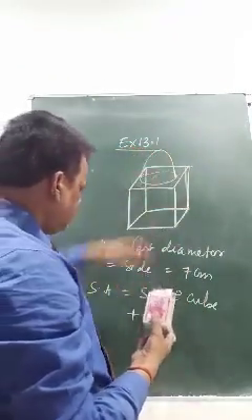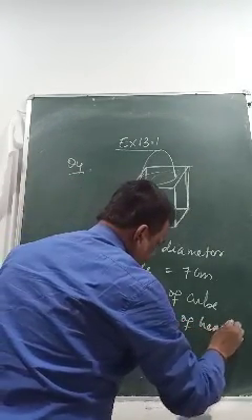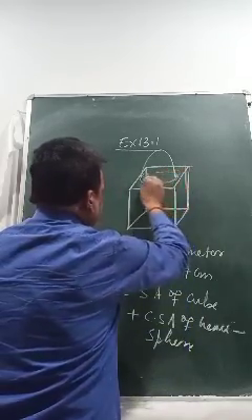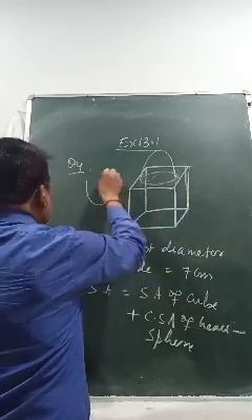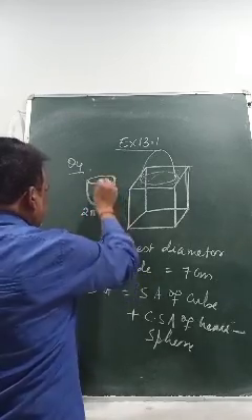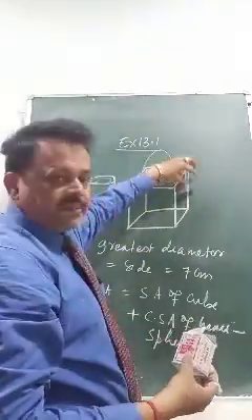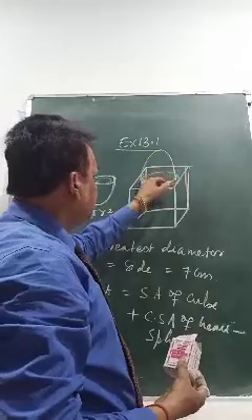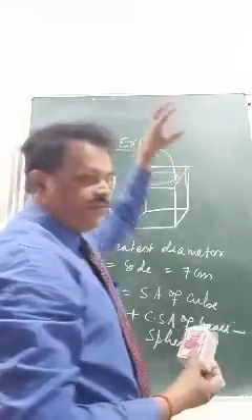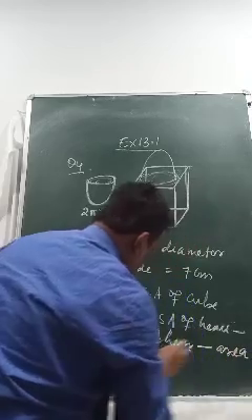This circular part is 2 pi r square, but the flat part cannot be counted, because you have to count only the outer part. So the outer part means 2 pi r square. This circle you have to subtract, because the circle is occupying the face. That is why minus the area of circle.